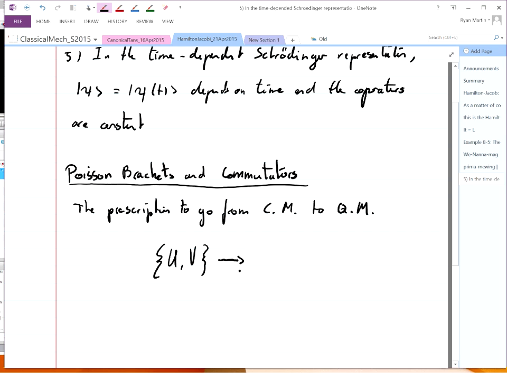You take all your equations of classical mechanics that are written with Poisson brackets, and that's why Poisson brackets are so important. Every time you have a Poisson bracket, you replace it by 1 over i h bar times the commutator of U and V. So you can write any classical mechanics equation in terms of Poisson brackets, and you get the quantum mechanics version by replacing the Poisson brackets with 1 over i h bar times the commutator of the same thing.